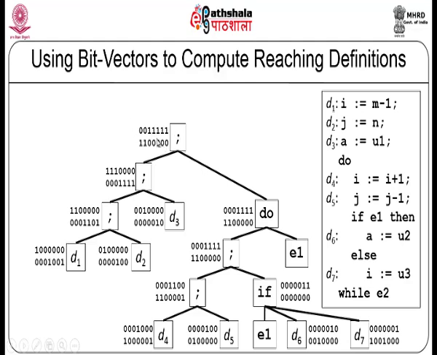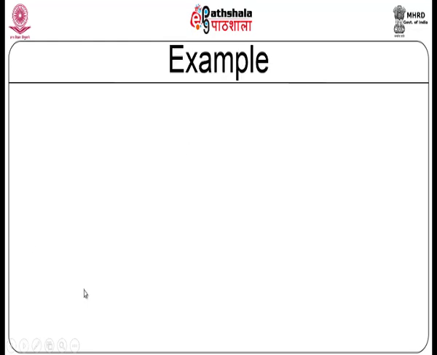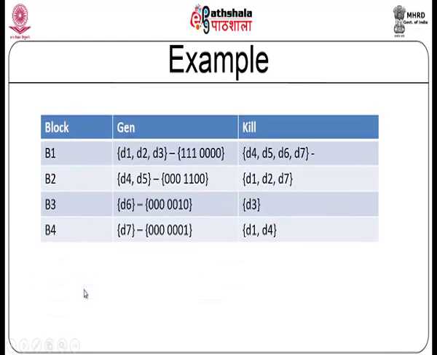The corresponding bit will be set to 1 or not, depending upon the resulting vector here. Now let us take this example. Block B1 has 3 definitions, D1, D2, D3, therefore they are set. Block B2 has 2 definitions, D4, D5. Block B3 defines D6, block B4 defines D7. Though B1 has 3 statements, all the 3 statements are defining a variable of its own choice.